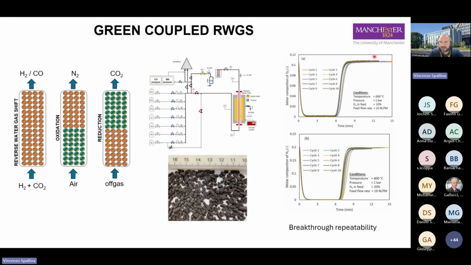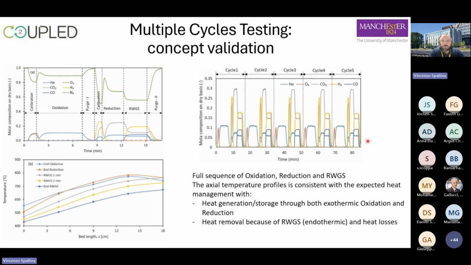You can see that for the oxidation and for the reduction, we had a very close overlap of the different cycles. And then we moved on to the testing. By having a sequence of oxidation, reduction, and reverse water gas shift, we could see, first of all, an actual temperature profile consistent with the expected heat management.